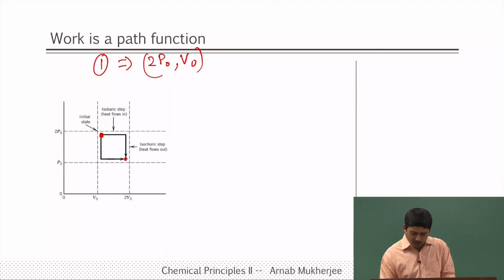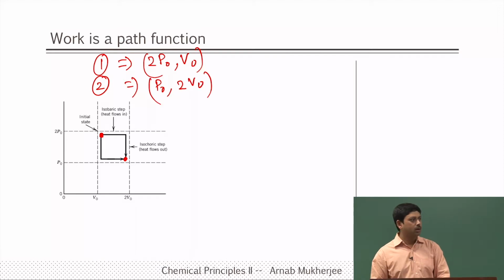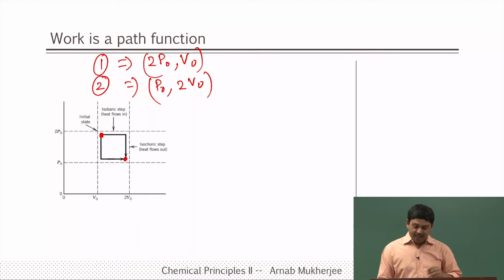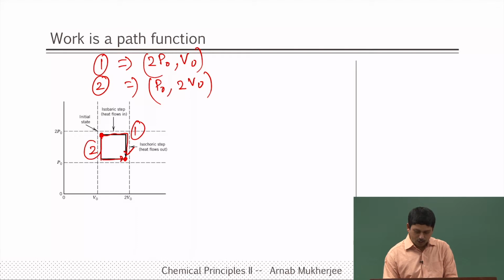Our final point is characterized by P 0 pressure and 2 V 0 volume. It will be just opposite, volume will increase because pressure is decreasing. Now, in order to go from state 1 to state 2, either we can take this route or this route. Let us call that path number 1, and that path number 2.